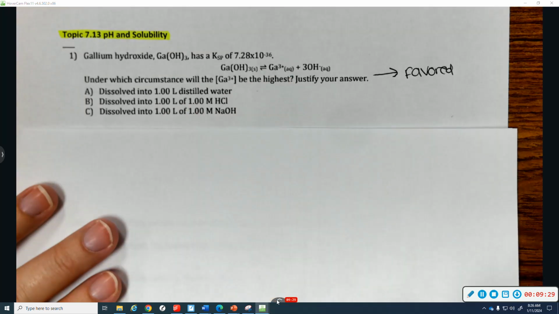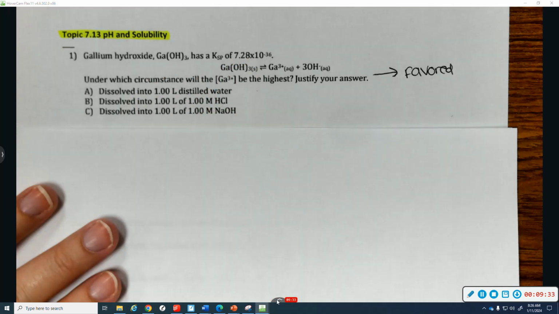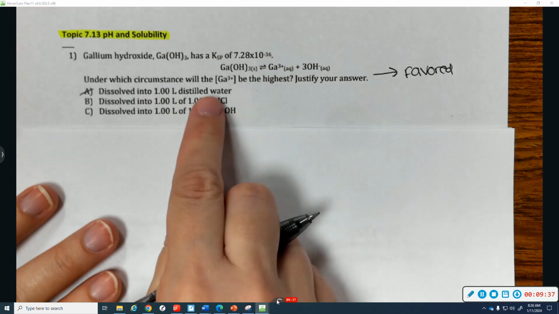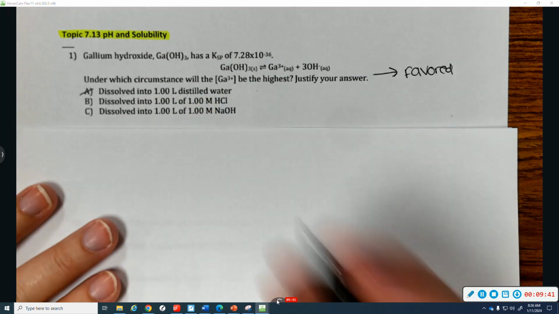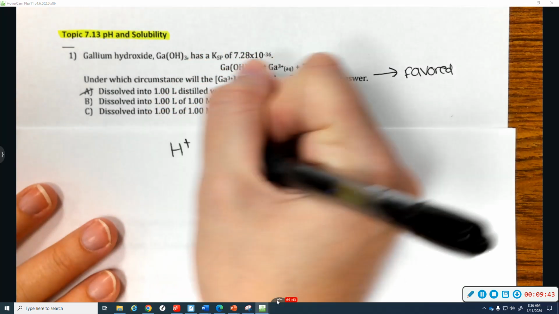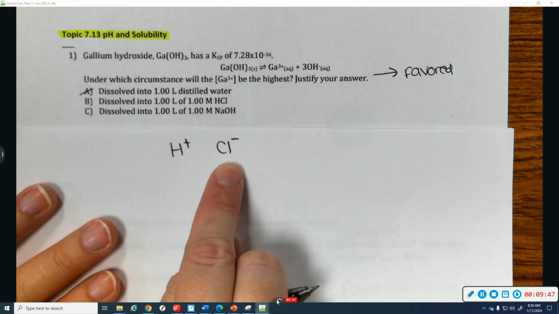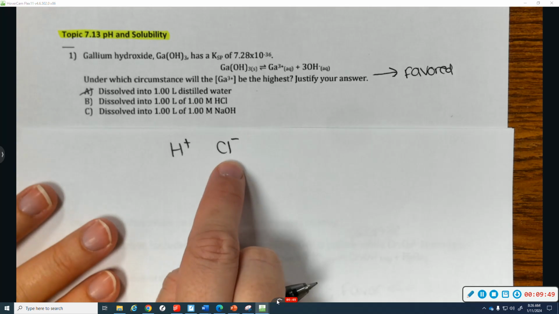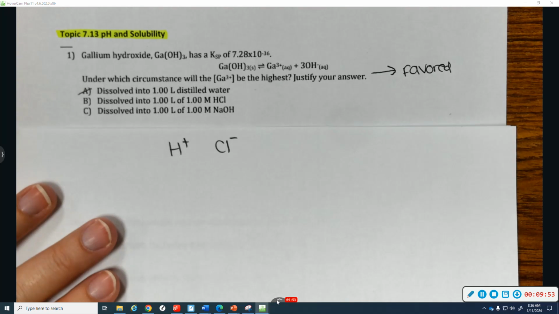It is not going to be A, because KSPs are given for when you dissolve something in water, and we can see it's really small. But let's look at B and C. What if I dissolved it in HCl? So again, if you dissolve something in HCl, that means you're putting it in hydrogen ions and chlorine ions. Chlorine, there's nothing in this problem that tells us that chlorine's going to interact, so we can assume it's not.